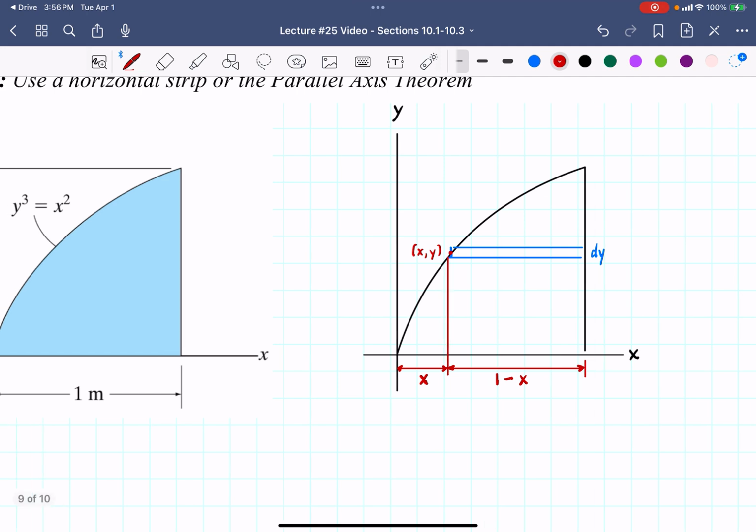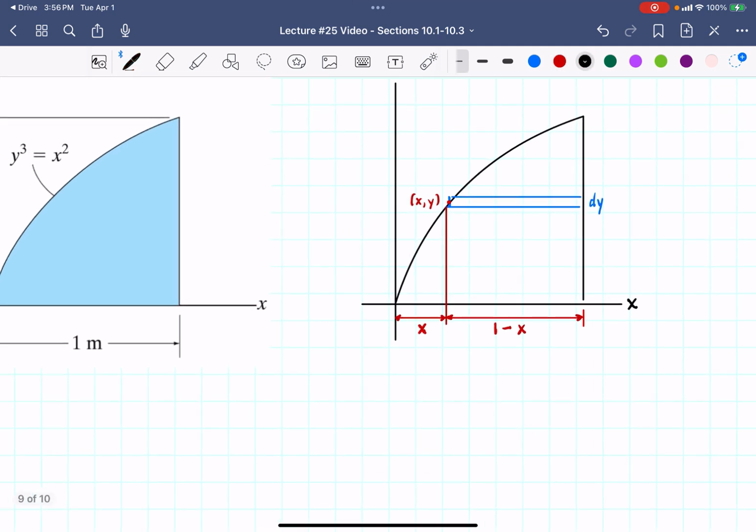Now if I'm looking at this for area, the area of my rectangle shown is dA equals 1 minus x times dy, which means I'm going to have to find x in terms of y.